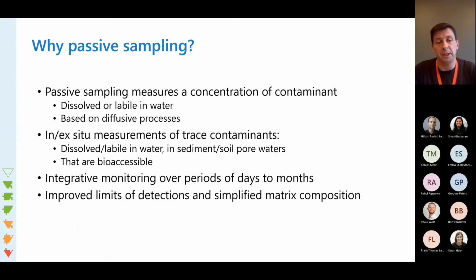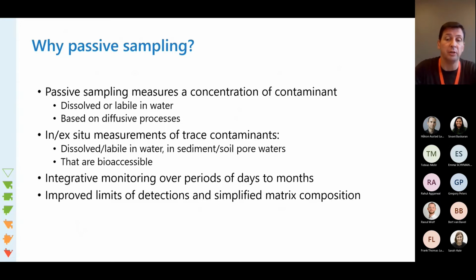In many cases, but that's maybe more for the non-polar compounds, it really allows some improvements of limits of detection when compared with making a measurement in a water sample.